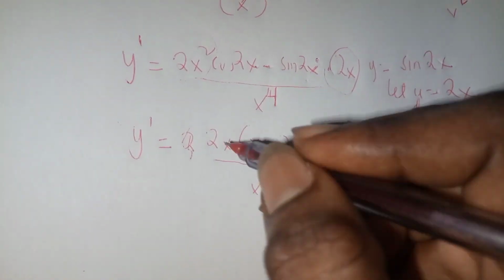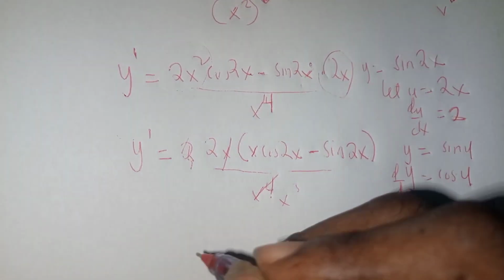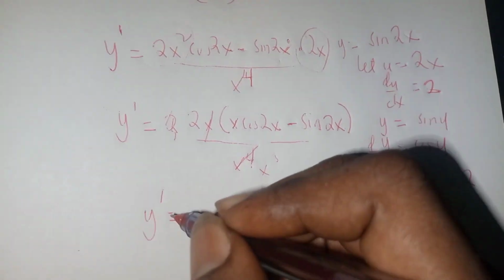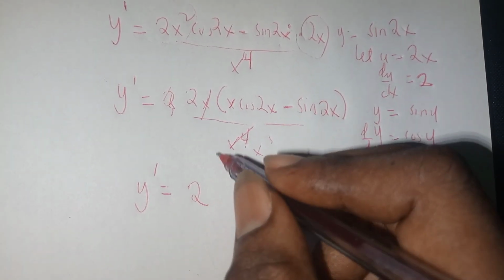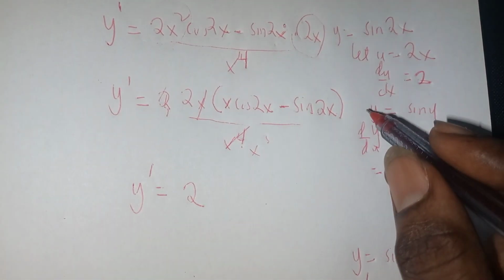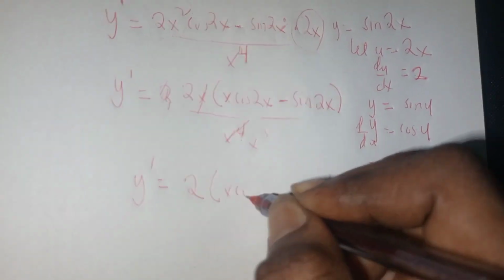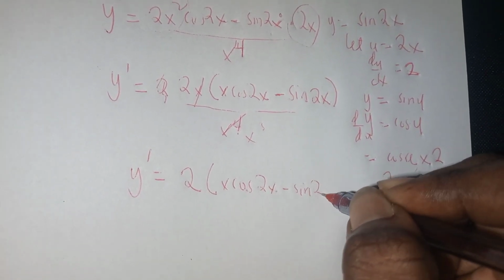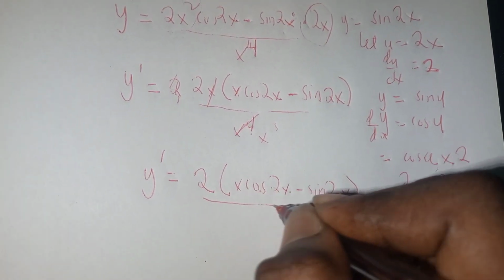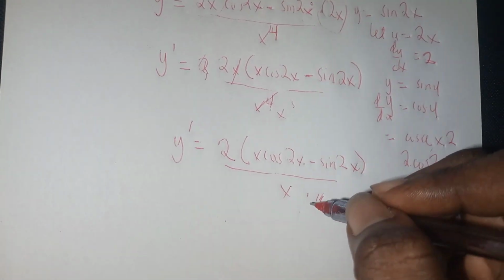So you can see that over here x can divide this, leaving x cubed over here. So our y prime, which is our final answer, is going to be 2. You can expand this part to the 2 or you can leave it outside, any of them. So that's 2 multiplying x cos 2x minus sine 2x all over x cubed. So this is the final answer.